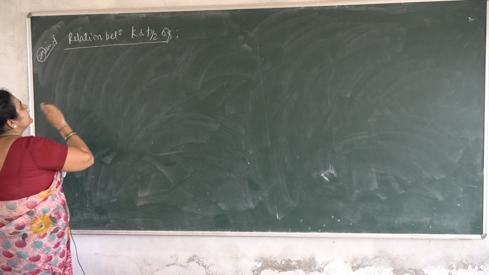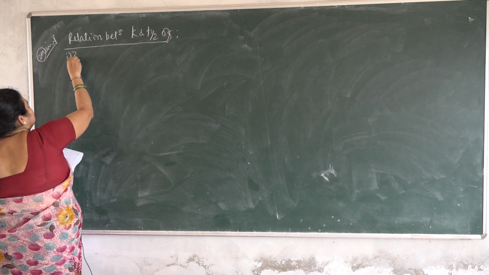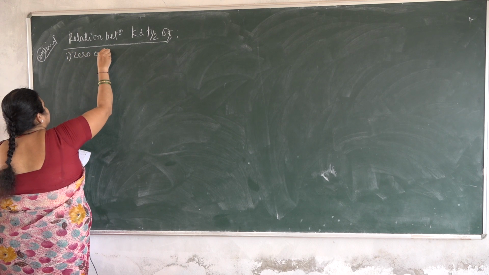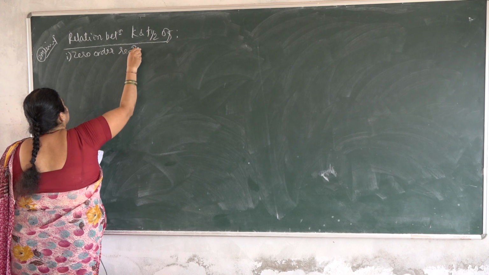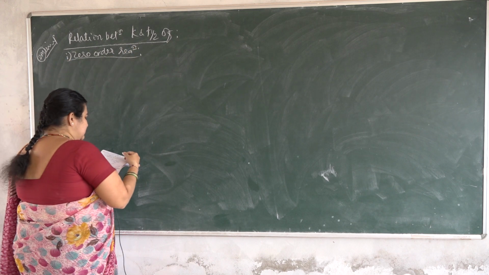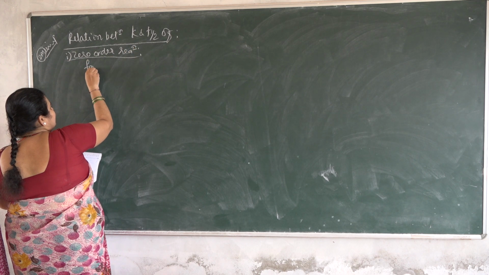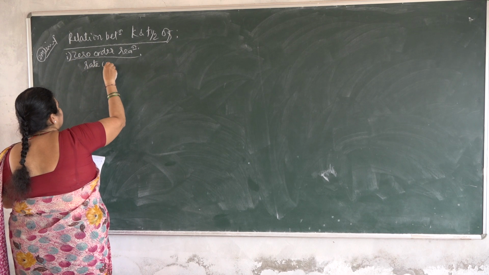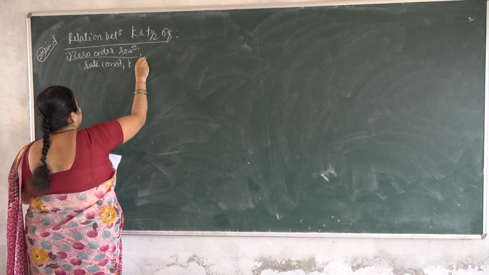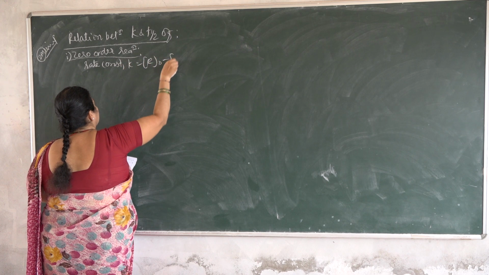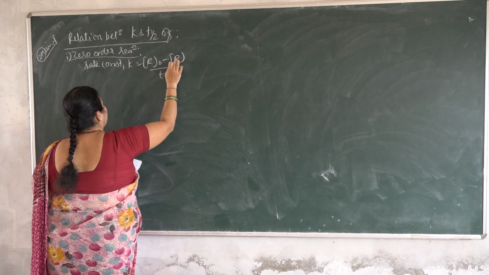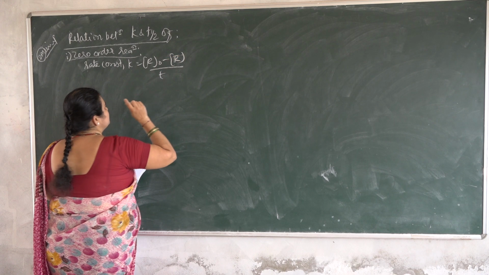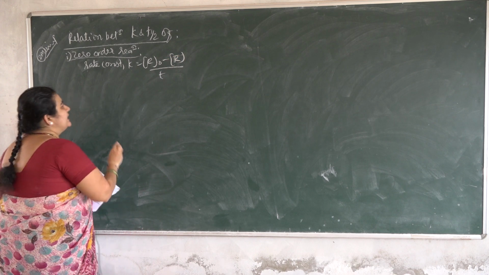So the relation between K and t half, first for a zero order reaction. For a zero order reaction, the rate constant K is given by ([R]₀ - [R])/t. We want this equation at half-life.